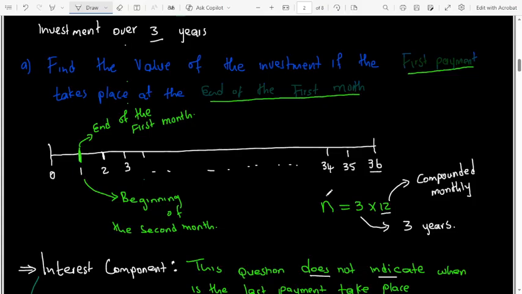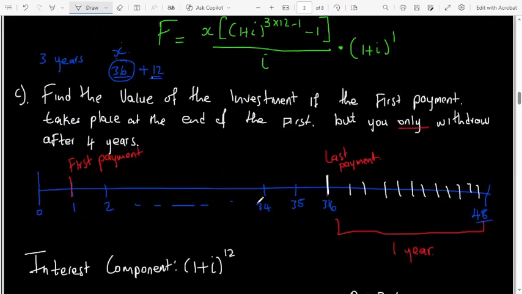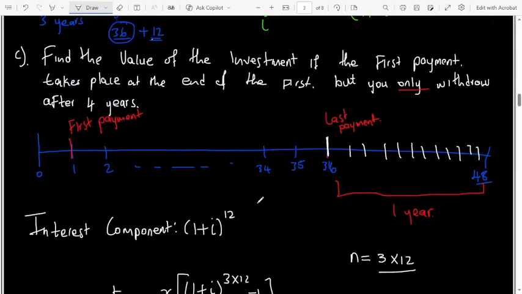The first payment takes place at the end of the first month. I'll try to work on when the first payment does not take place at the end of the first month. So now, the difference between these questions is when the last payment takes place.